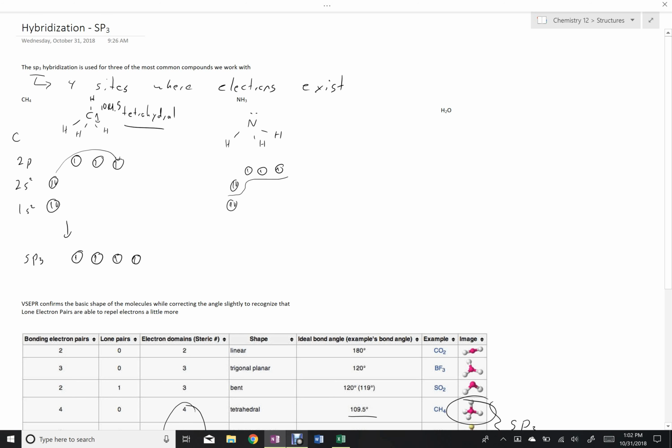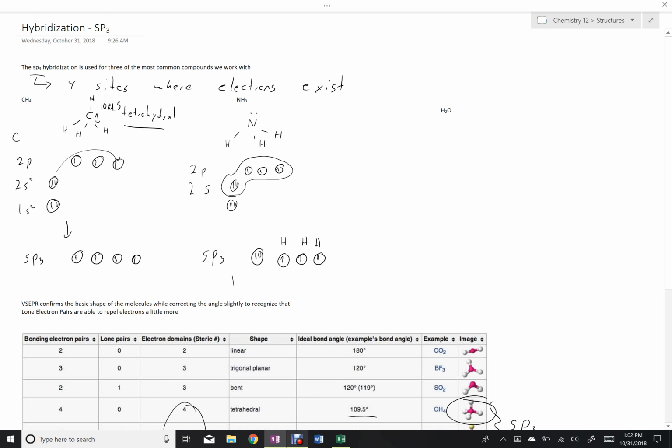It hybridizes in that lone electron pair in that same level. So my 2s and my 2p change into sp3, and there, that represents the lone electron pair, and here are the 3 shells available to make the 3 bonds with hydrogen.